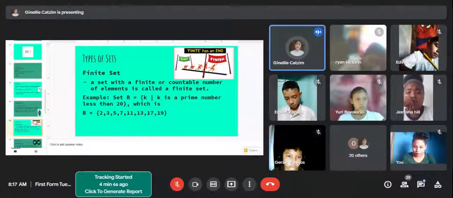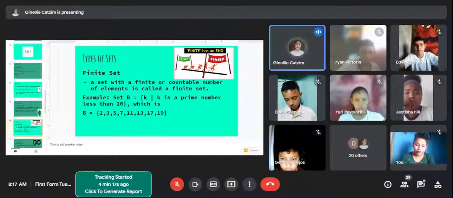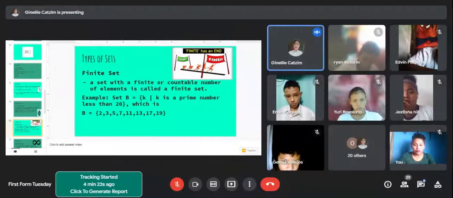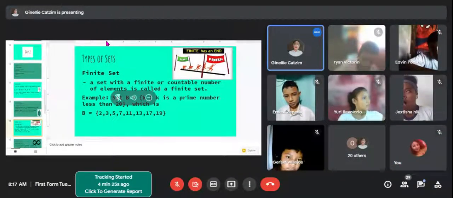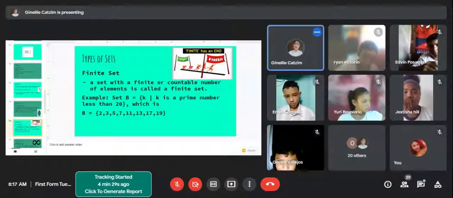We also have the finite set. A finite set is a set with a finite or countable number of elements. I have a little image there that says start and finish because it has a start and it has an end. Finite has an end, right? For example, the set of clothes that I'm wearing today.